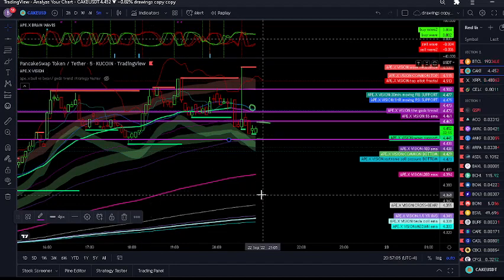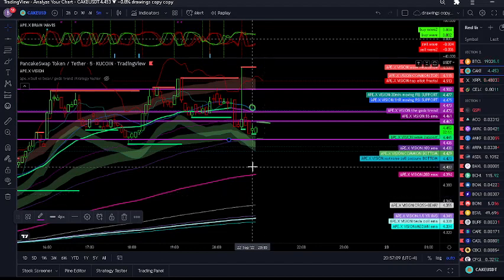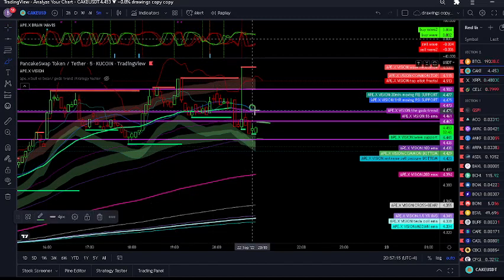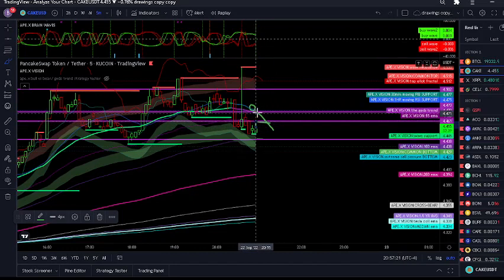At 2 minutes and 55 seconds to the next bar, I would have to say for the next maybe 15 minutes to an hour, we could see a retest here.